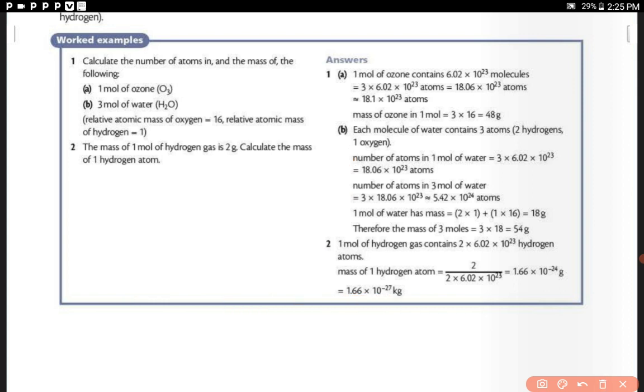All right, in B, they say 3 moles of water. Water is H2O. Each molecule of water actually contains 3 atoms: 2 hydrogen and 1 oxygen.